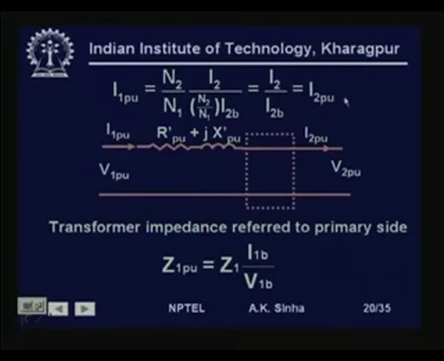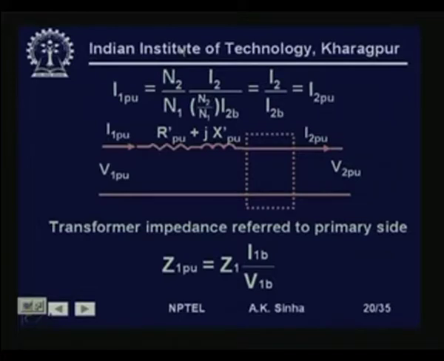That is, the current in per unit values for I1 and I2 is going to be the same, which shows, since the voltage in per unit is also the same and the current is also the same, that this ideal transformer is simply a 1:1 transformer in the per unit system. So, it can as well be neglected.